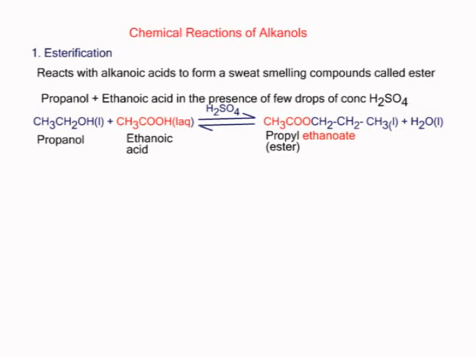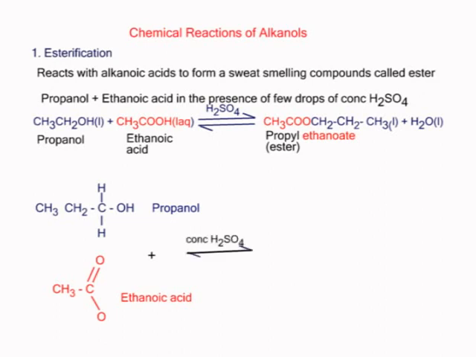Let me see the structural representation. So propanol is the blue color. Propanol is the blue structure there. It is the alkanol. And then ethanoic acid is the red structure here. Now when they combine, see what goes on. See where each goes. And again the naming of the structure appears like it's reversed.